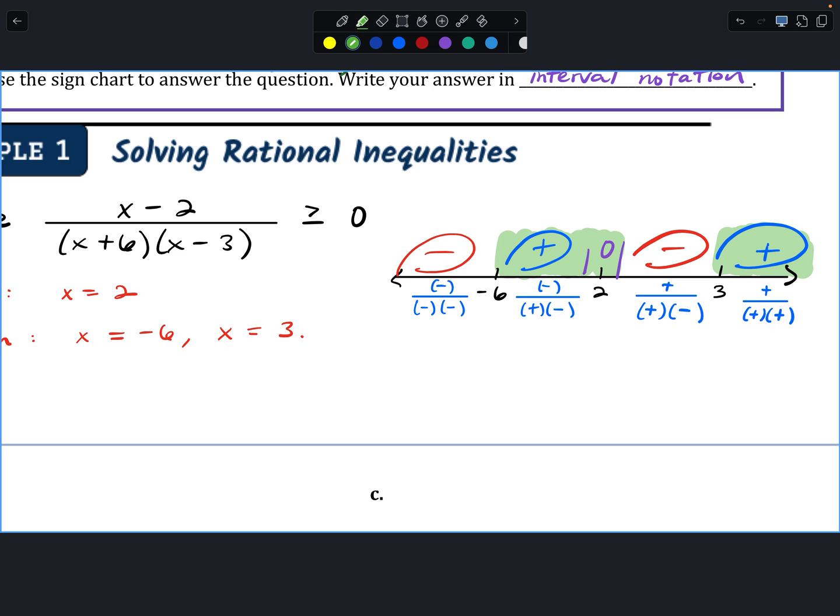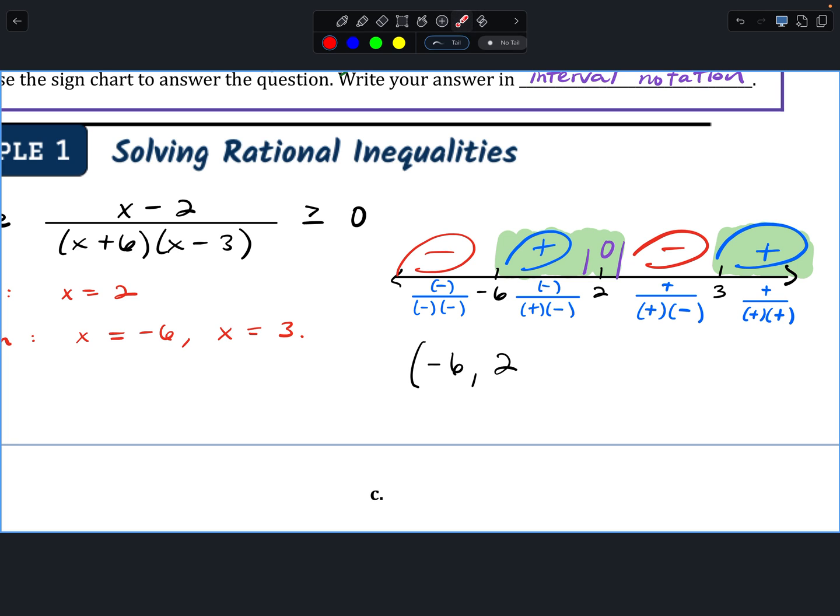Does that make sense? So to start my answer, guys, remember this is on the bottom, right? That's an undefined value. So do I use parentheses or brackets? Parentheses. So the solution to this would be parentheses negative 6, comma, all the way to 2.